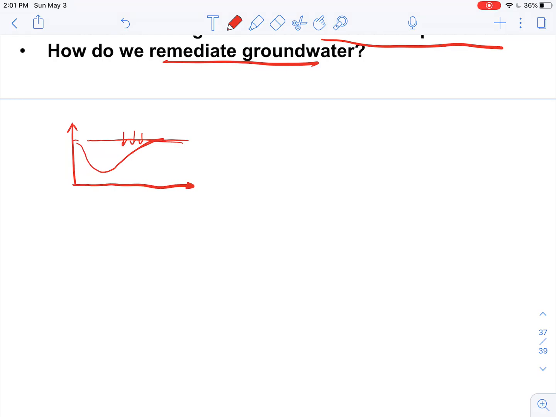Okay, so then we learned about the drinking water treatment system, or we can also call it the water treatment system for simplicity.